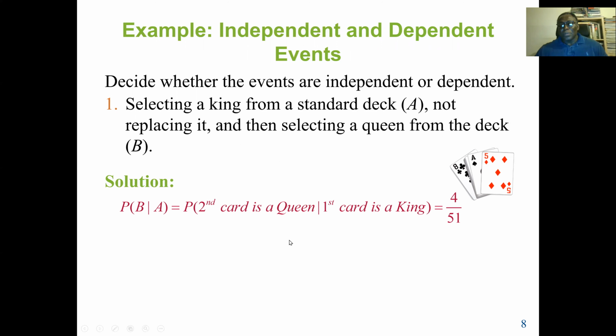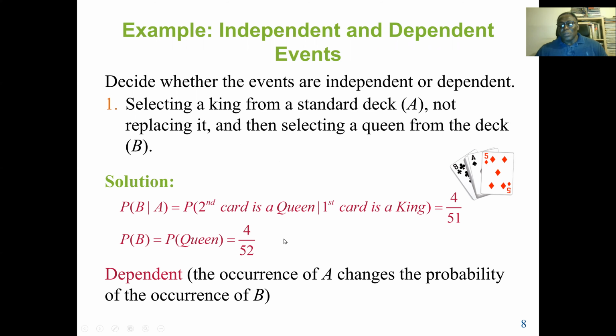So the solution here is probability of B given A: the probability the second card is a queen, given that the first card is a king, is 4/51. Now, probability of B, this means the event is what? Independent. So we are not relying on A. So probability of B will be 4/52.